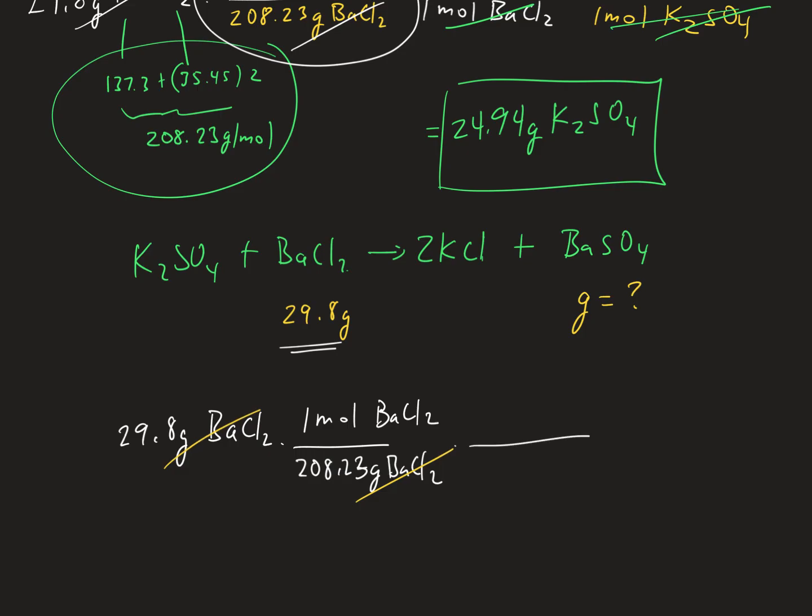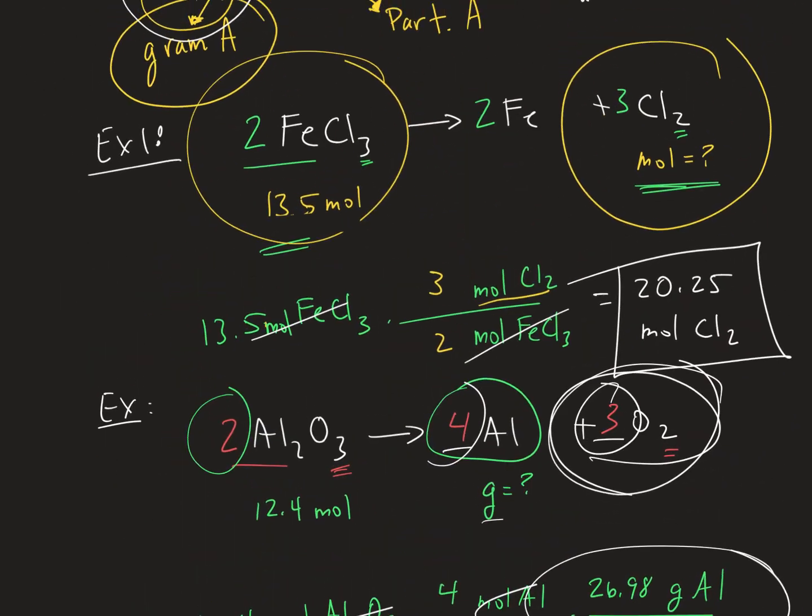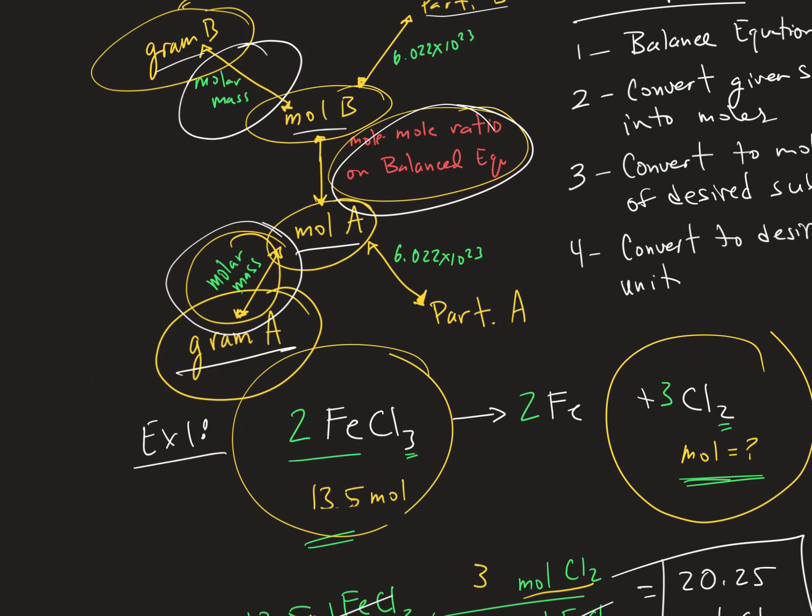And then we go from moles of barium chloride to what? Look at our mole roadmap, guys. We're starting here, and we're going to here. We did molar mass, right?